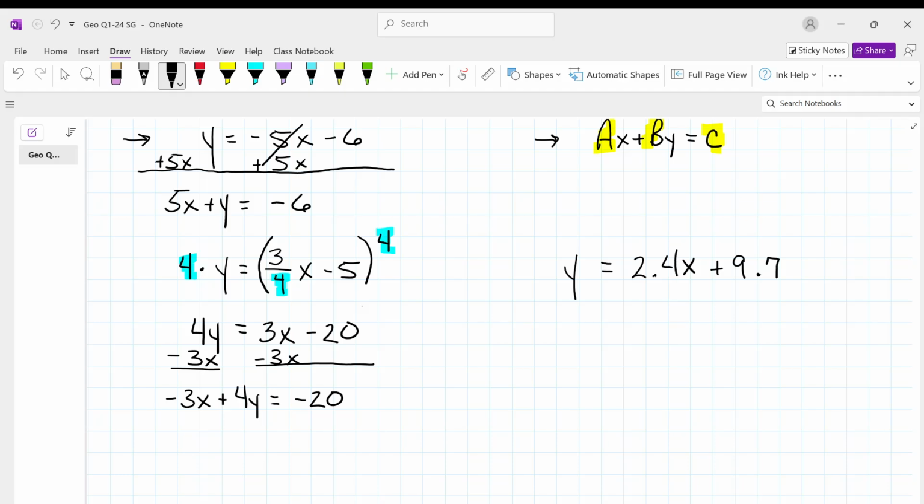When we need to get rid of a number in the tenths position, we multiply everything in the equation by 10. Okay? So we take the left side of the equation, multiply it by 10, and the whole right side of the equation times 10. On the left-hand side, we get 10y is equal to 2.4x times 10 is 24x.